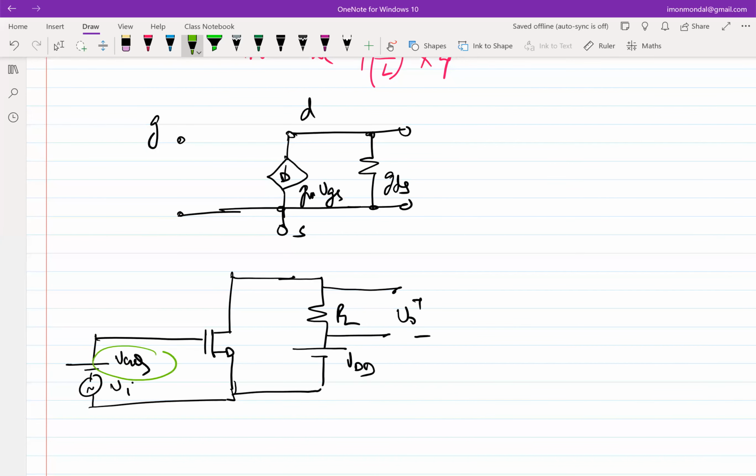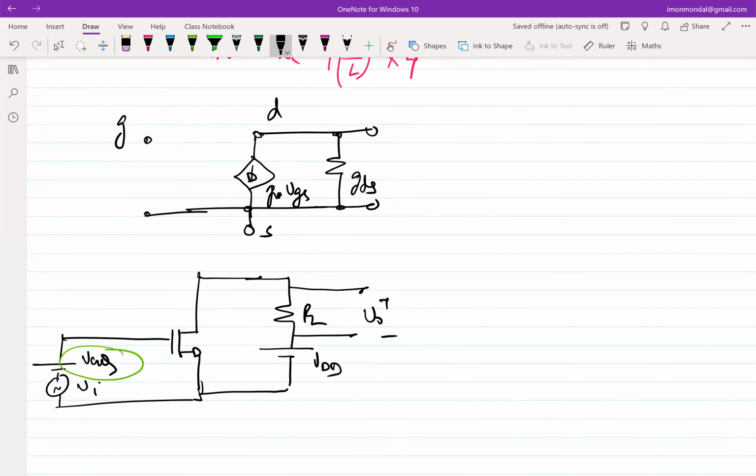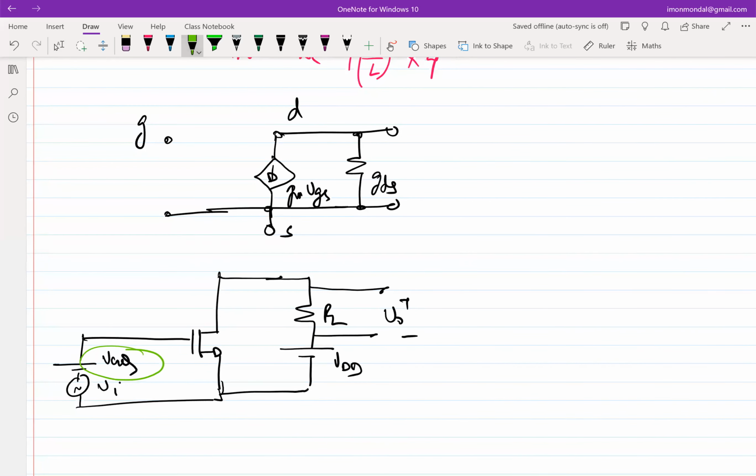De-energize VGQ. That's gone. What about VI? VI would remain. VI should be connected between gate and source. The transistor gets replaced with its incremental equivalent, which is already placed. Where should I put RL?